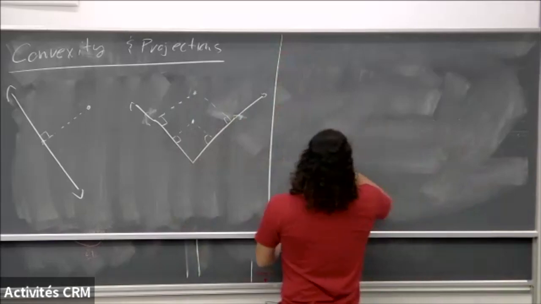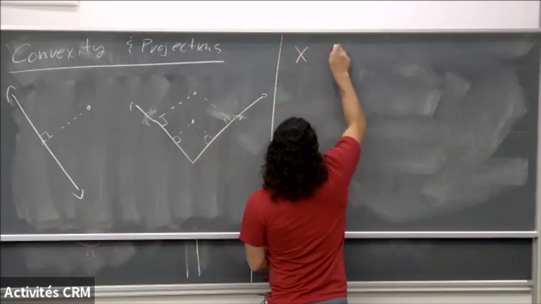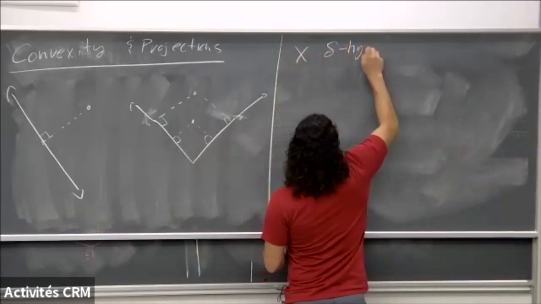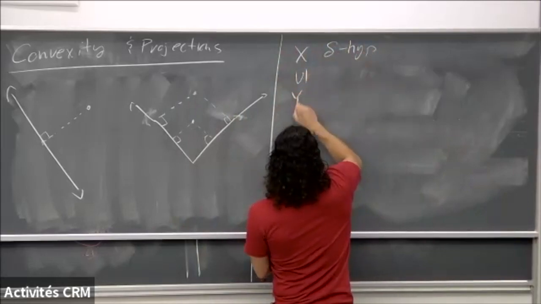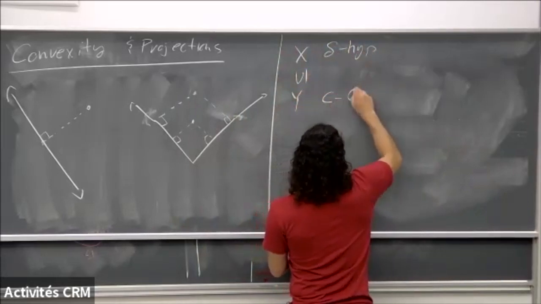So X will be a delta hyperbolic space. Y is C quasi-convex.